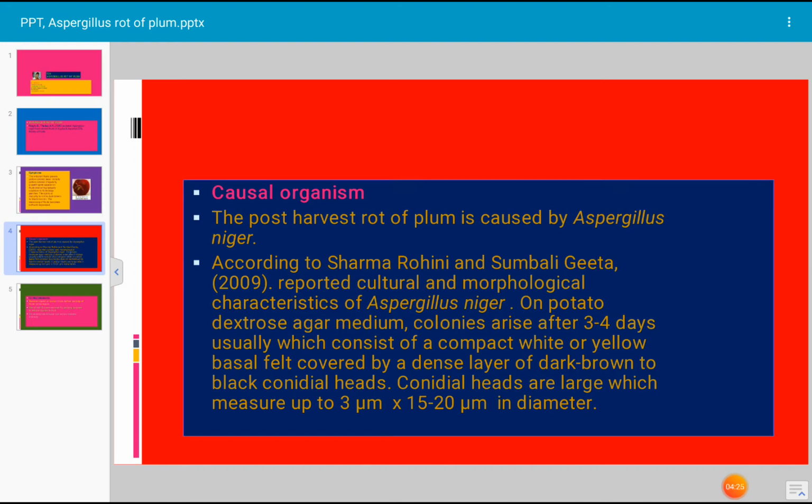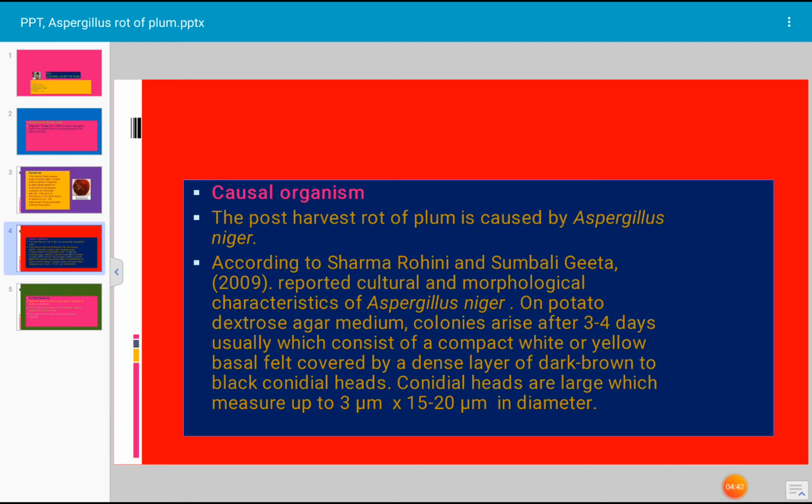The conidial heads are biseriate with phialides borne on the brown, often septate, metulae. The conidia are globose to subglobose in shape, dark brown to black in color, rough walled.